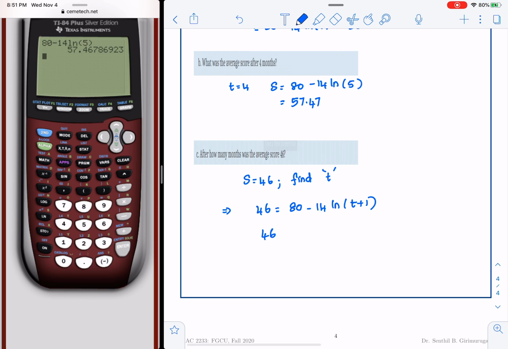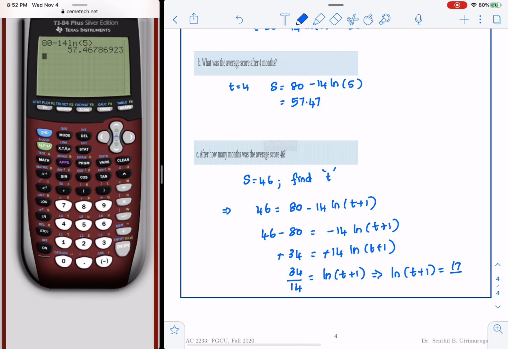So 46 minus 80, which is negative 34, equals minus 14 ln of t plus 1. The negatives will get cancelled and we can divide by 14 on both sides. So 34 over 14 equals ln of t plus 1. This means ln of t plus 1 is 17 over 7.